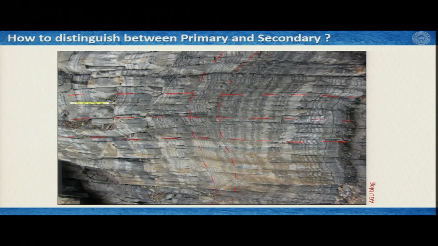Try to identify which one is primary foliation and which one is secondary foliation, and do not restrict yourself only to these images. Search Google or any search engine you prefer, download images and figure out, based on your experience or whatever we have learned so far, which one in an image could be primary foliation and which one could be secondary foliation.